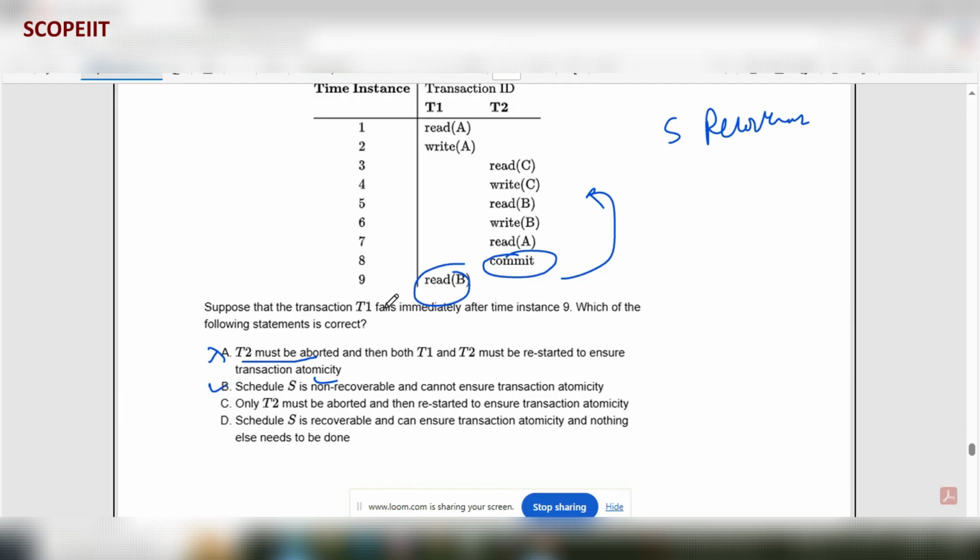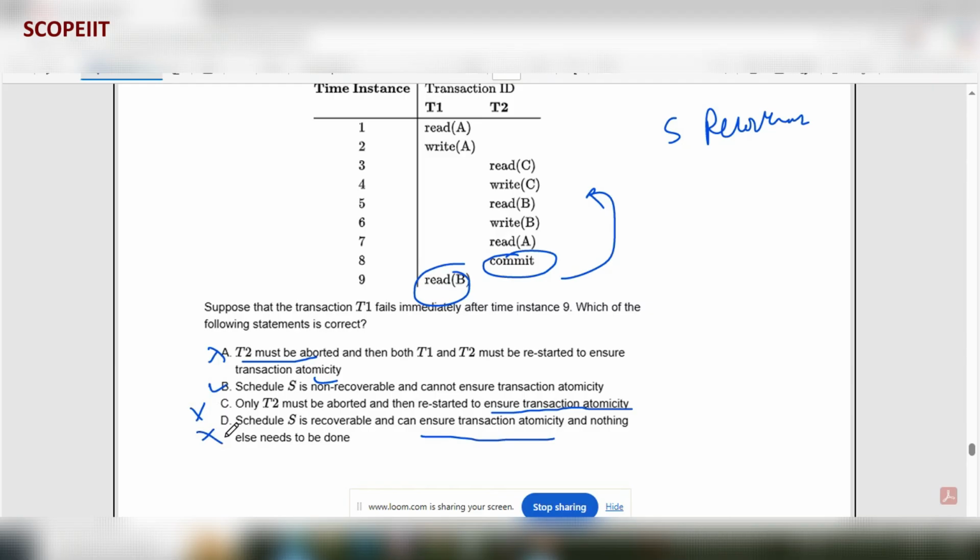This database is in an inconsistent state because it's not maintaining its consistency. Got it? So the correct answer is option B. And options C and D are also not right, because they say it ensures transaction atomicity, but here we can clearly see it is not ensuring transaction atomicity. So the correct answer is option B.